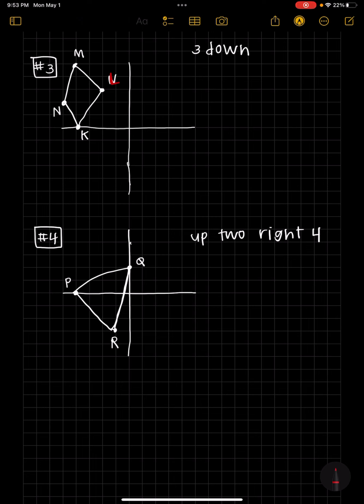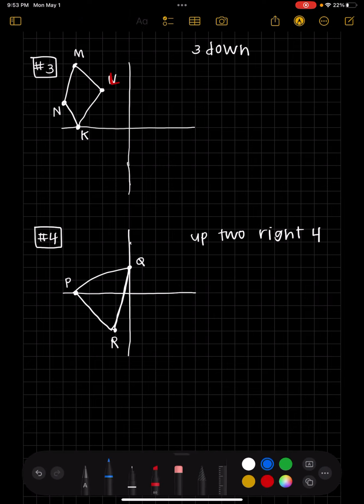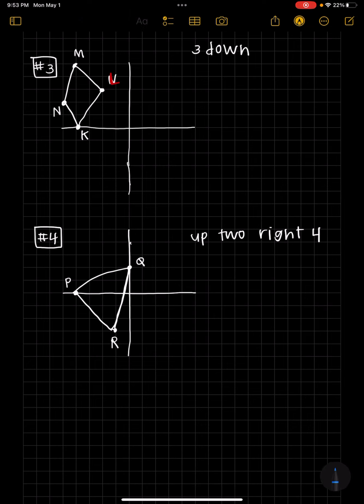When we're actually drawing the graph, it's easiest to just shift all of the points down 3, or do whatever it's asking us to do. I'm going to use a different color. Let's use blue again. I'm going to start with point M. If I take point M down 3, 1, 2, 3, it would end up right here, and we would name it M prime, or M with an apostrophe.